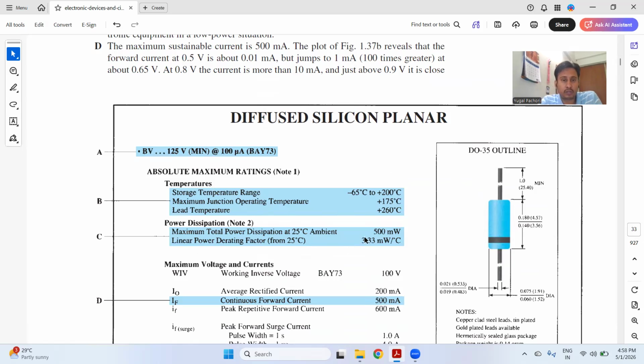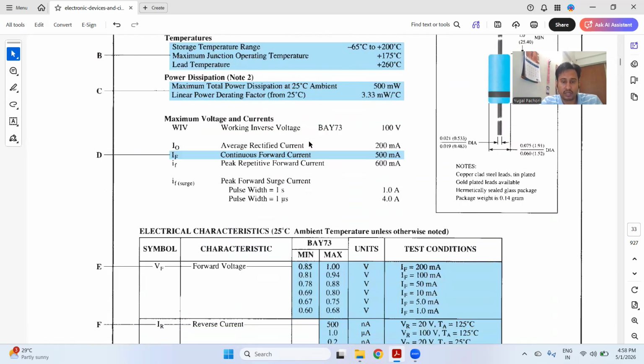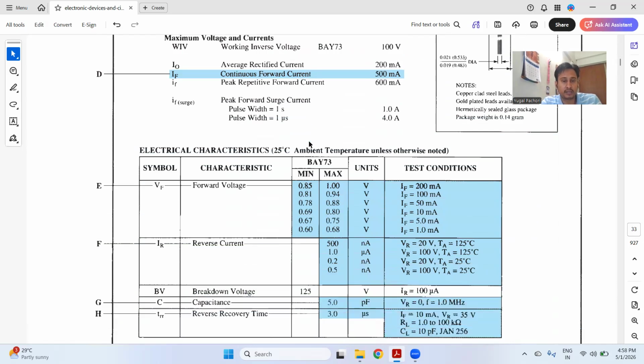So when you work on a diode, try to find out which kind of diode it is. Try to download the data sheet of that particular diode, and you can start working practically on that. Without the data sheet, you cannot make any decisions. You can see the forward voltage, reverse current, breakdown voltage, capacitance, and reverse recovery time.